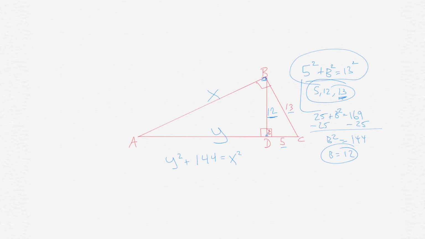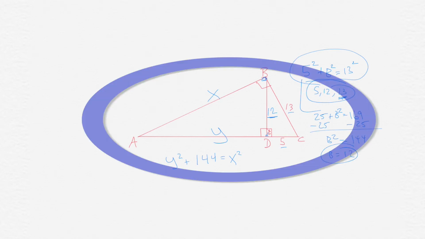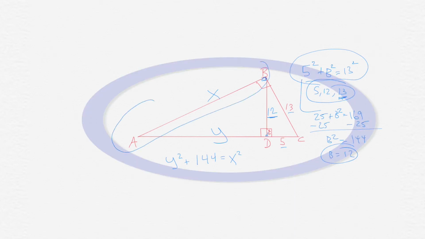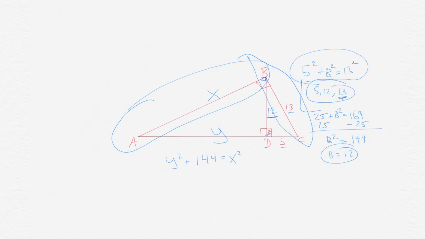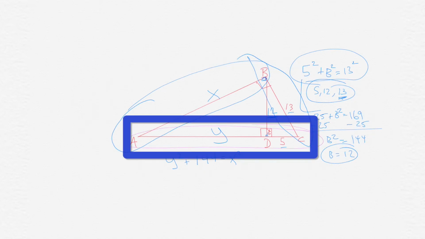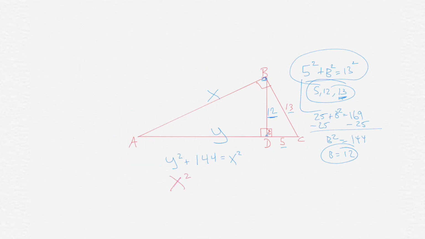Then let's do the big right triangle. A to B, that's one leg, B to C, that's the other leg, and then the hypotenuse is this leg way down there. Okay, that's the big right triangle. We have X squared plus 13 squared, and we know 13 squared is 169.